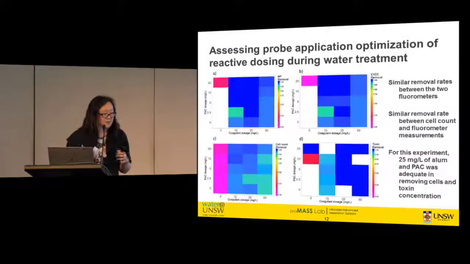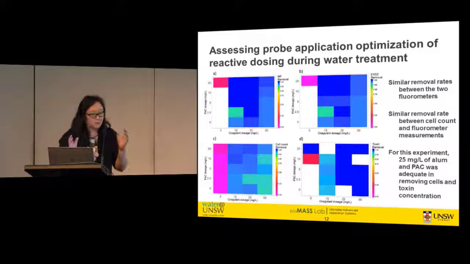This is an example of what we collated from all the jar testing data. As we increase our coagulant dose and our PAC dose, we get the removal determined by the fluorometer, and by the cell count validation. It was good to see that we got similar removal rates between two fluorometers, and importantly, similar removal rates from the fluorometers and the cell validation.